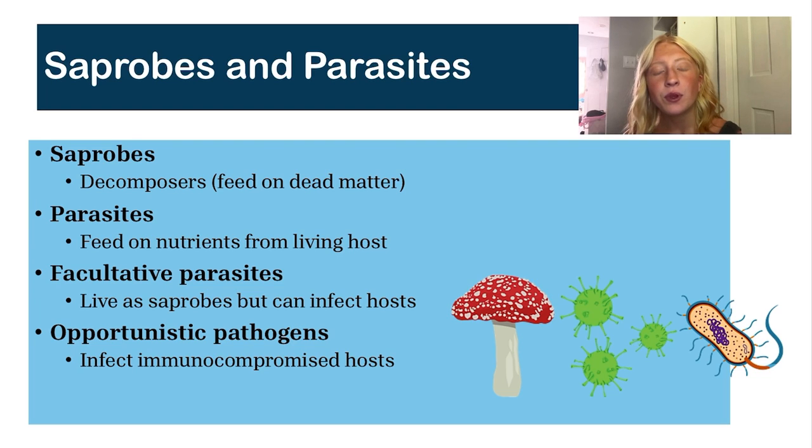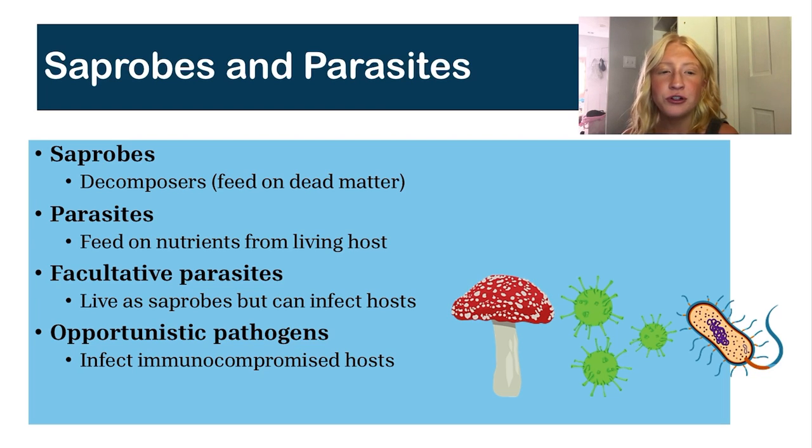So then we have parasites. Parasites are different because they use a living host and can actually cause harm to their host while feeding off of it. So viruses and some bacteria can fall into the category of parasites when they hurt their host. So we also have facultative parasites.